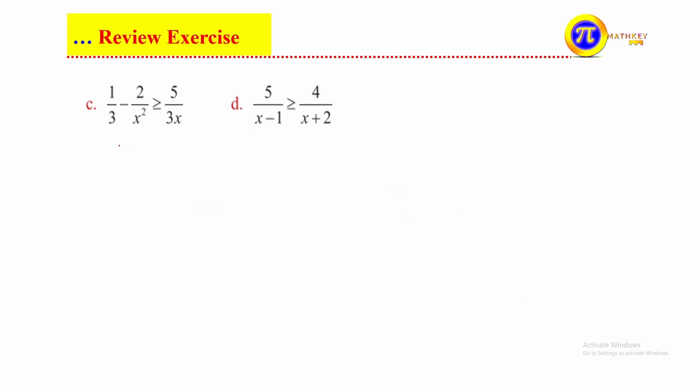Let us continue to the next one. It says: 1/3 - 2/x² ≥ 5/(3x).